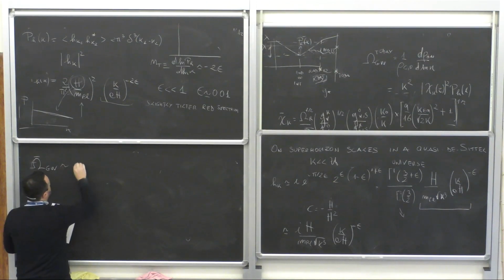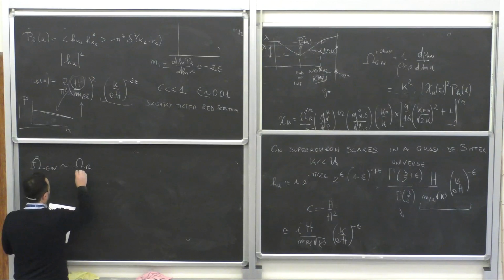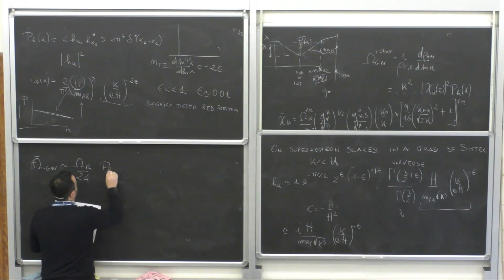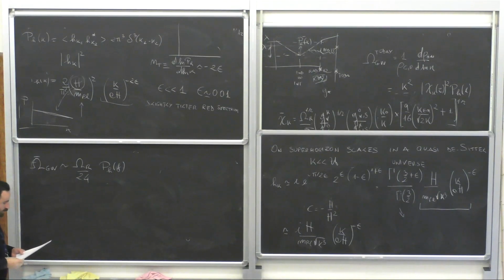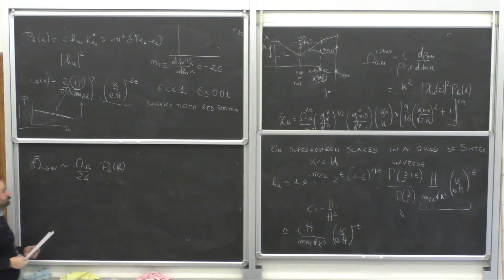This goes like omega radiation, if you put all the stuff together and you put all the numbers there, okay, over 24, so simple, times P_h of k, right? Of f or of k. Let's write in terms of, yes, it's better in terms of k. The two are related. So this is essentially a simplified fast estimation of the transfer function, okay, right?